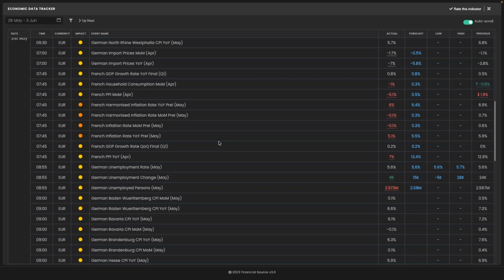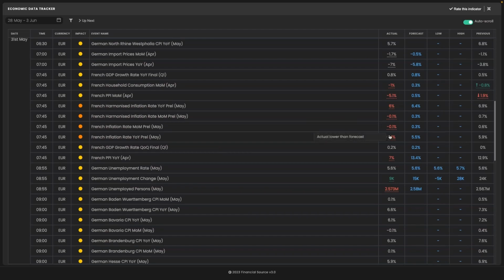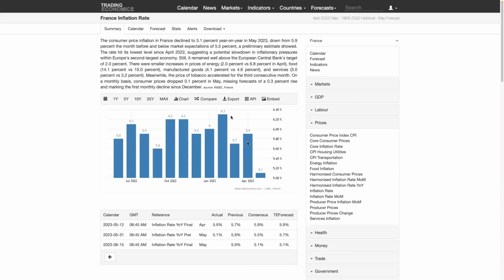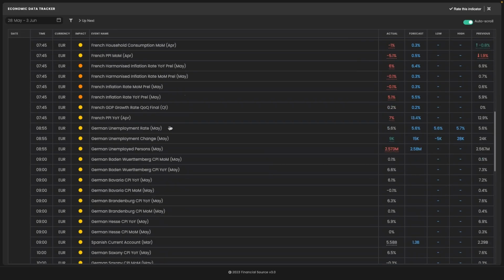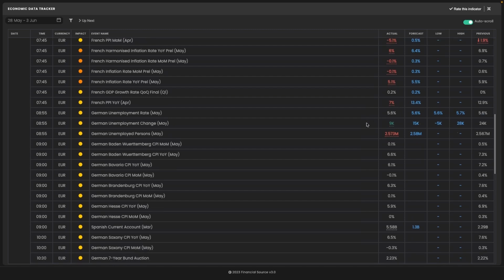It's coming in at 5.1%, and look at that, a decent drop lower. So the market's really happy about that. We've also seen French PPI down for April, 7% year on year from 13.4%, excellent.